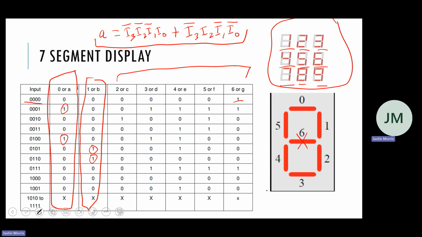So log base 2 of 10, which is the number of combinations, I only need 4 bits to represent any number. And that's why we have 4 bits. Oh, so we have 6 segments, so we need 6 bits for outputs. But we only need 4 bits for input. Okay, so it's 4 to 6. Yeah. Okay.